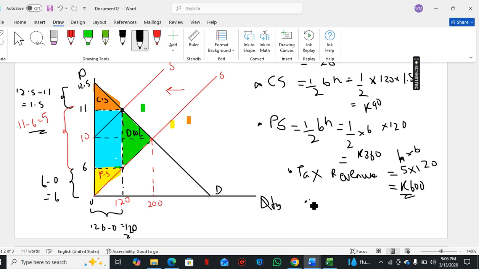Then the deadweight loss, area of this green triangle. So from 120 to 200, we're going to find the height. So 200 minus 120, we're going to get 80. That is the height of this triangle.